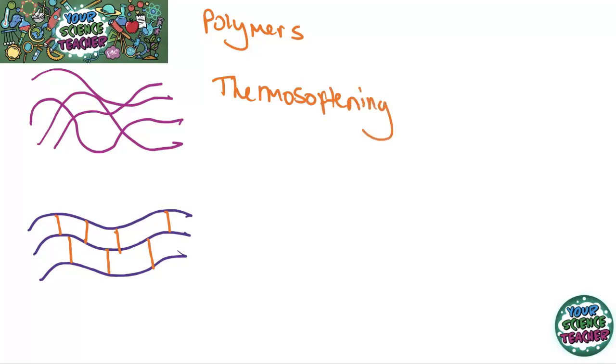Now we've investigated metals, the next material to investigate is polymers. And polymers are incredibly interesting, and there are two main types of polymers that you need to know about. The first one is thermo-softening polymers. The key difference between the two is that thermo-softening polymers are not heat resistant.